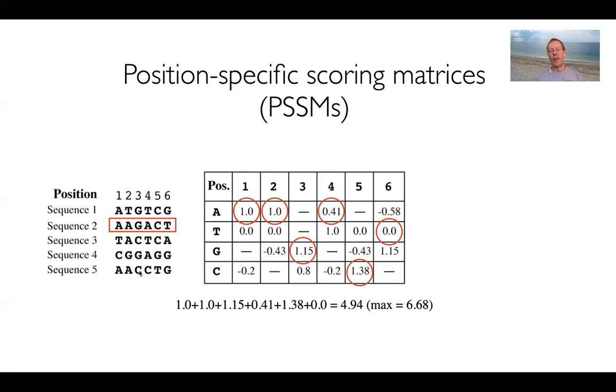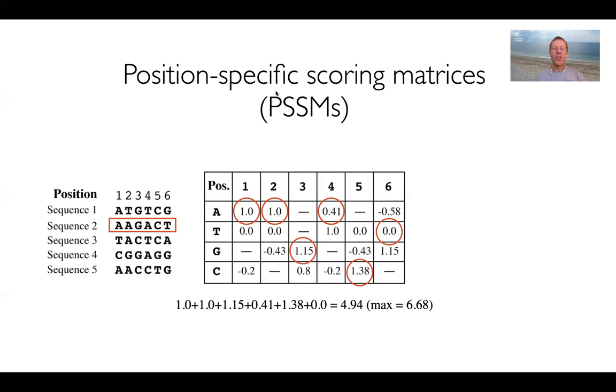And you learned already that handling gaps is what makes the alignment problem computationally more difficult, and takes you into dynamic programming to find the optimal alignment between two sequences. And here you encounter the same problem.